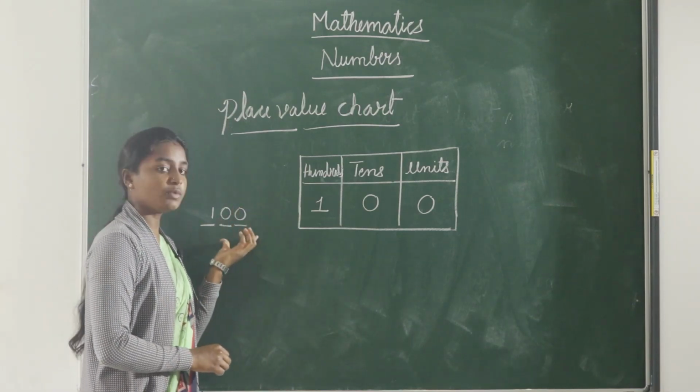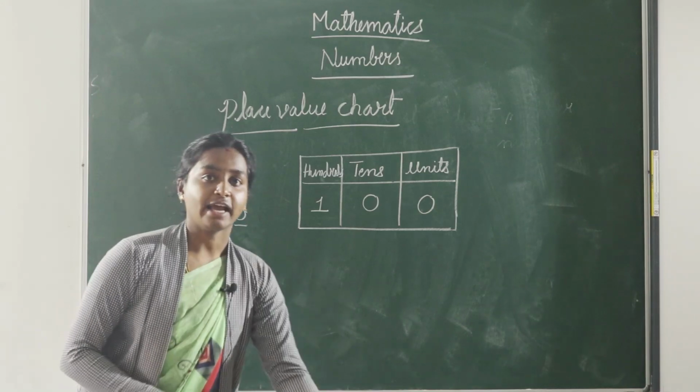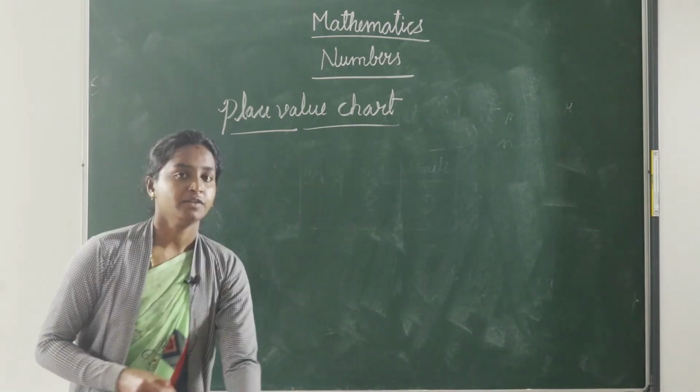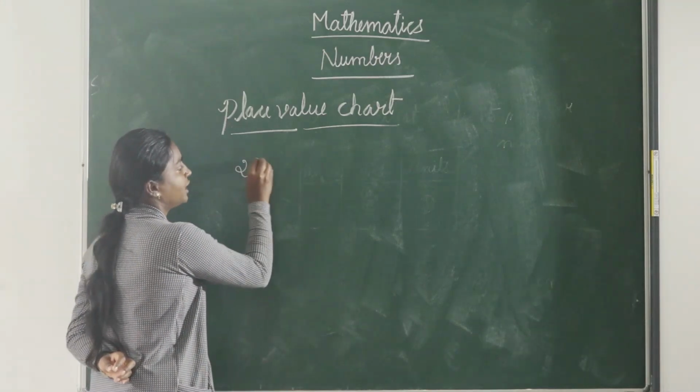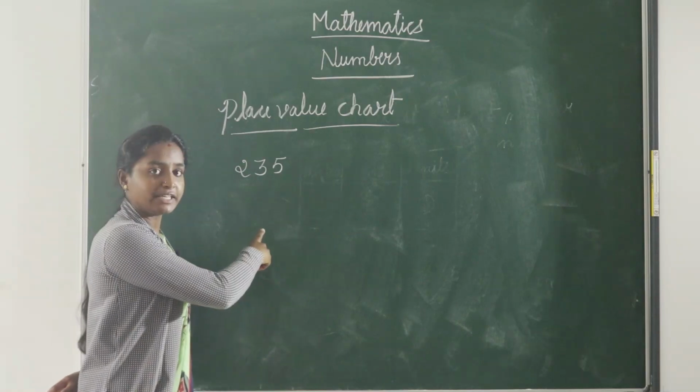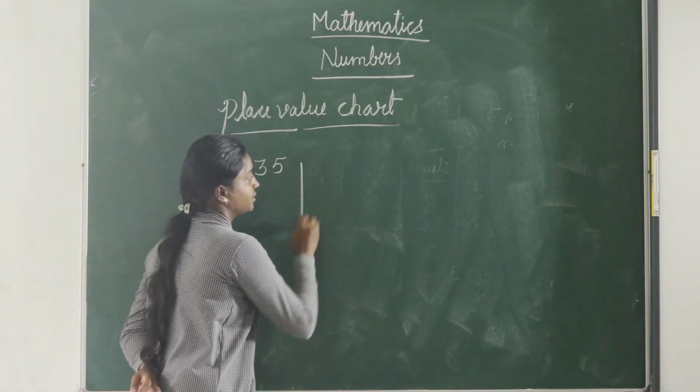So if this is a smaller number, for example, if we take another number, how to write place value chart for that number? For example, 235. How to write place value chart for this number?